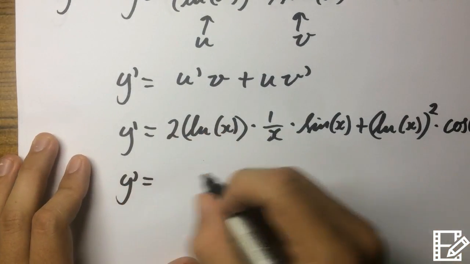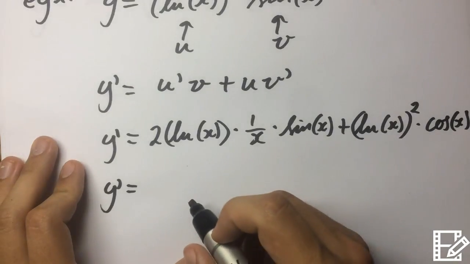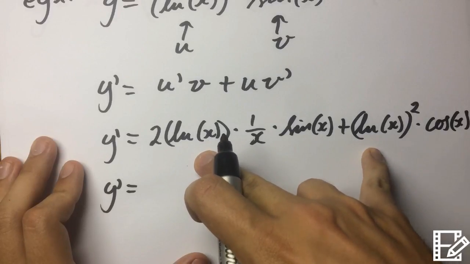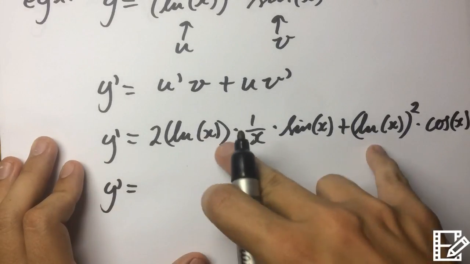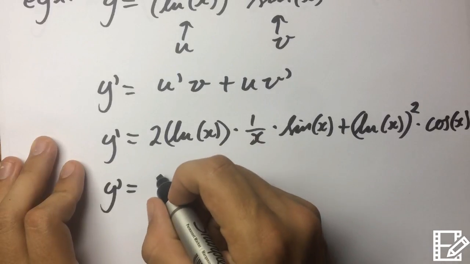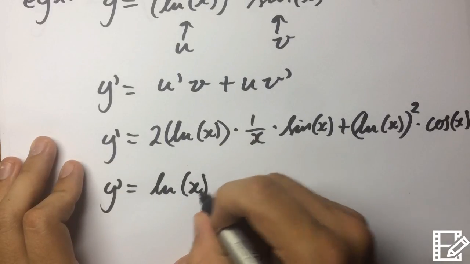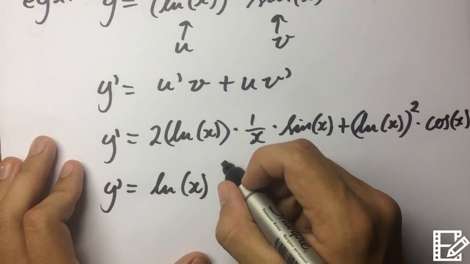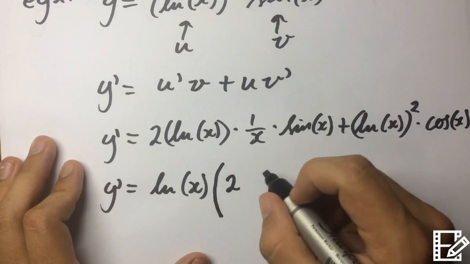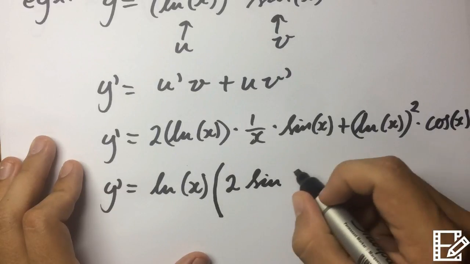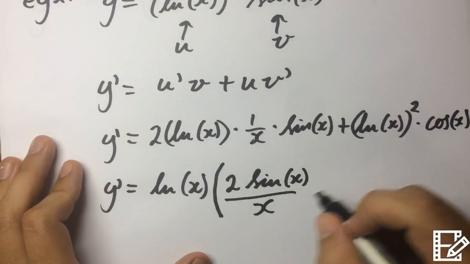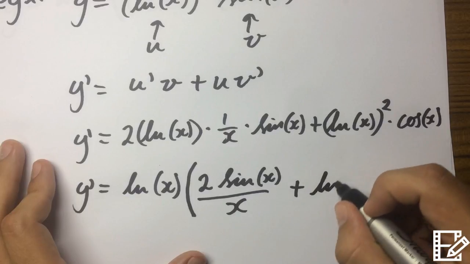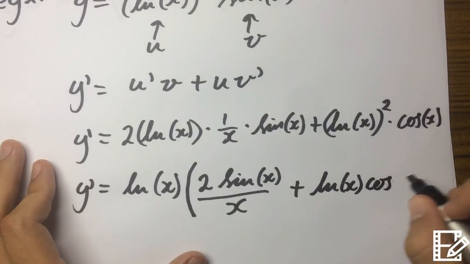Okay, so if we rewrite this, what we get is, well, we can factor out an ln of x, only 1, because there's 1 multiplied in. So ln of x, there's 2 over here and 1 over here, so 1 will stay inside, but 1 will go away. 2 sine x over x plus ln of x cos x.